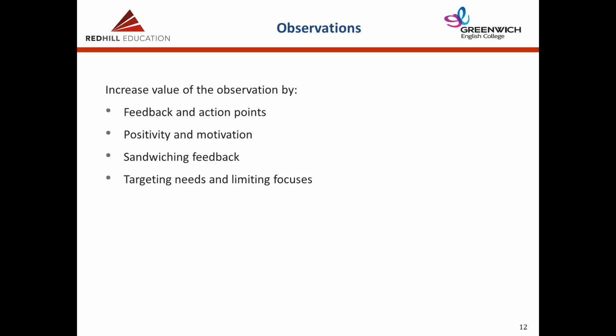Really key though is targeting the needs and limiting the number of focuses. If from the observation you've got more than 4 or 5 points for the teacher to work on, you're overloading them. It's going to be demotivational. Is that a word?